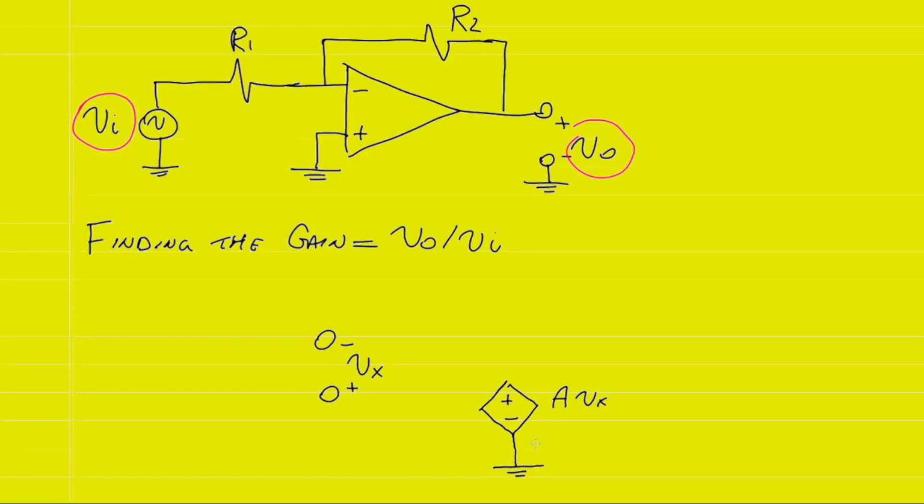One side of that source, as you'll recall, was grounded, and the other side led to the output of the op-amp, plus and minus, where the output was measured between the output terminal and ground.